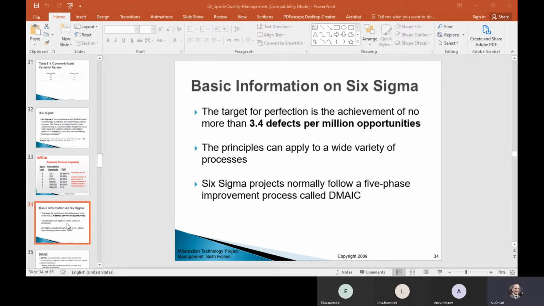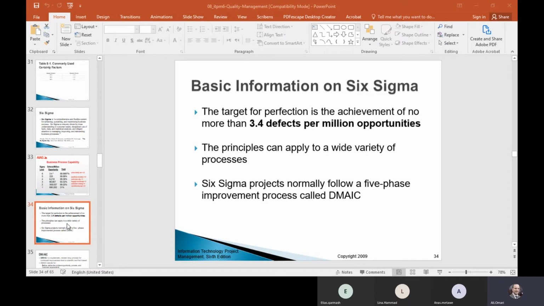So Six Sigma uses a principle, DMAIC. Define, measure, analyze, improve, control.